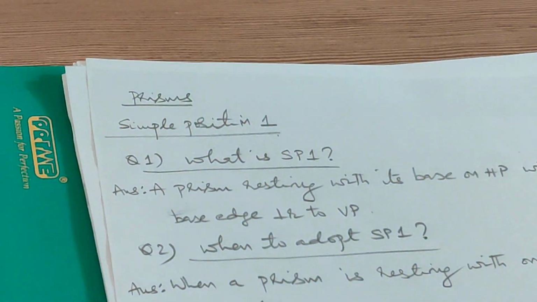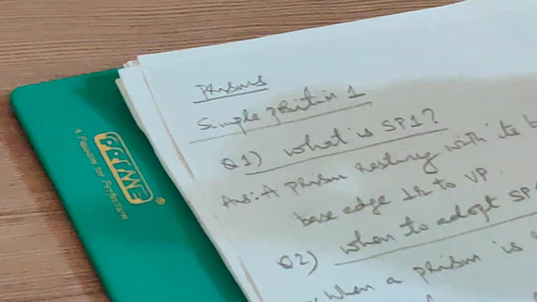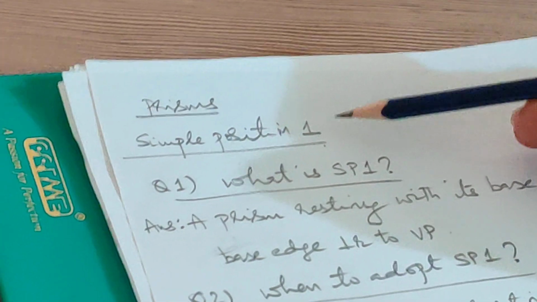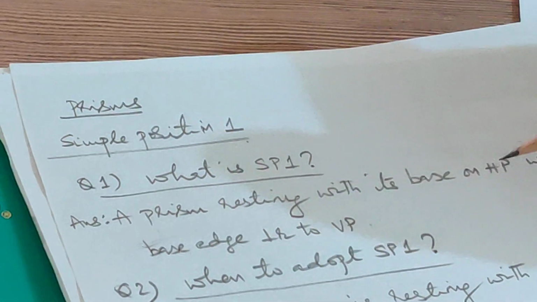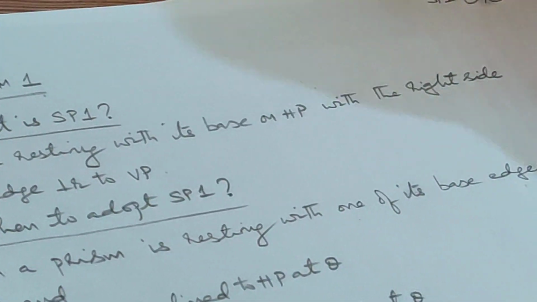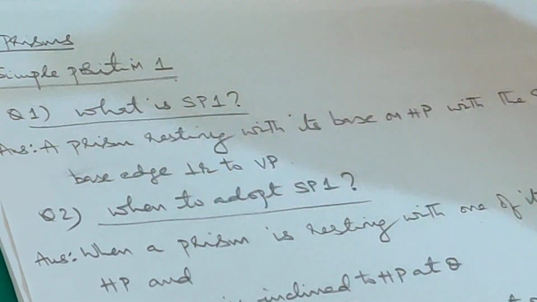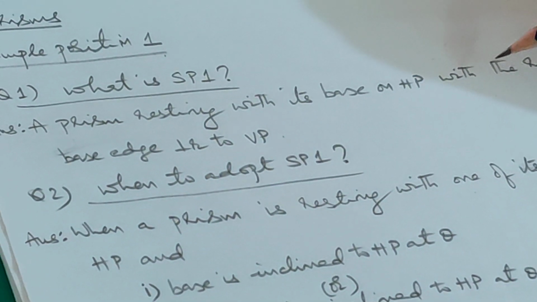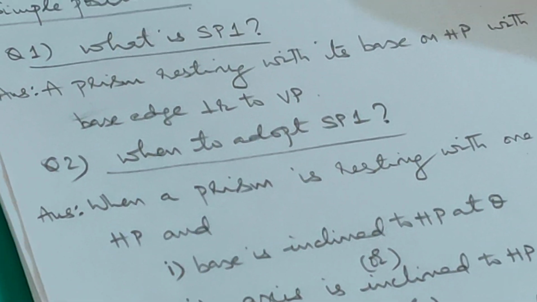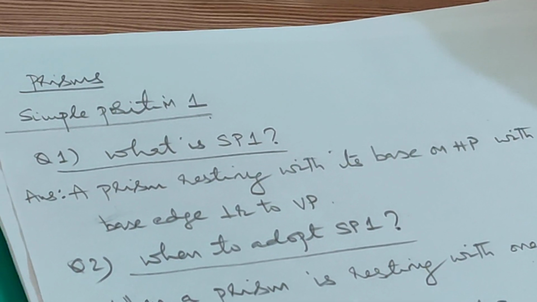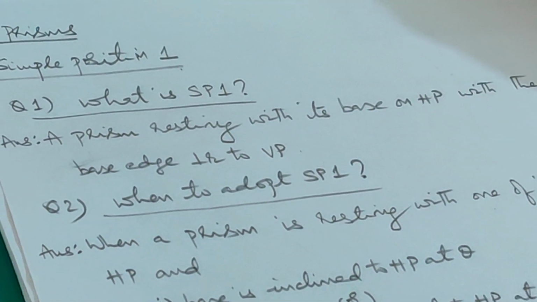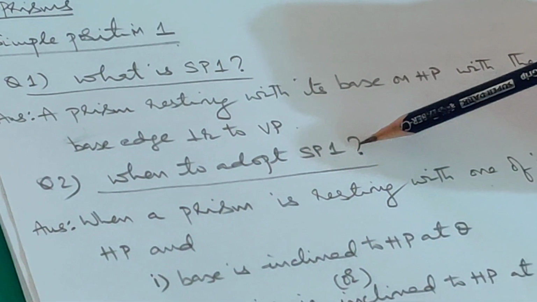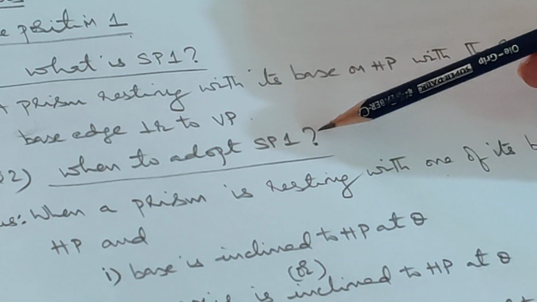Yes, here I have written all the 4 questions and answers. Simple position 1. What is SP1? SP1 is a prism resting with its base on HP with the right side base edge perpendicular to VP. Just now I have mentioned. Preferably we take the base edge on the right side and we take it perpendicular to VP. Then the second question is when you adopt SP1.